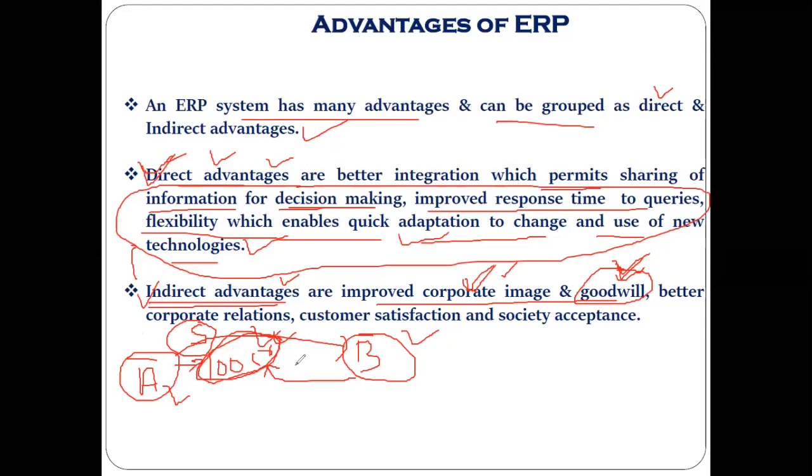But the B company, even though the market value is 100 crore, even then B company wants to purchase this company for 105 crore. How much? 105 crore.